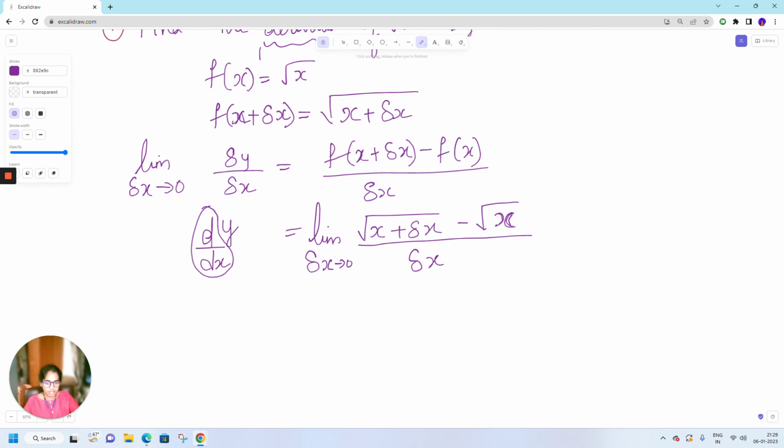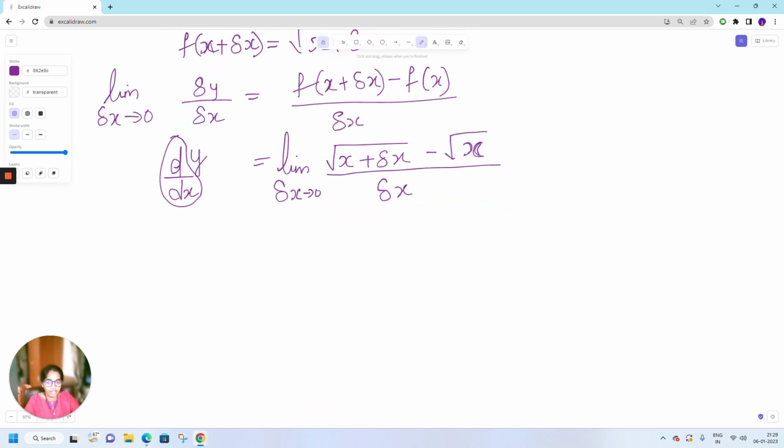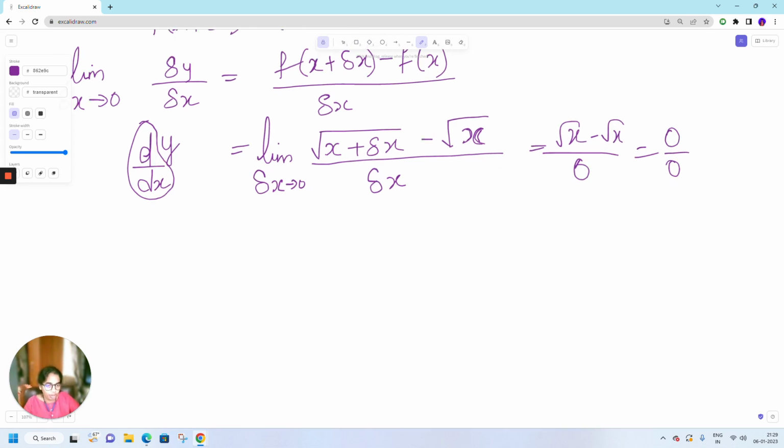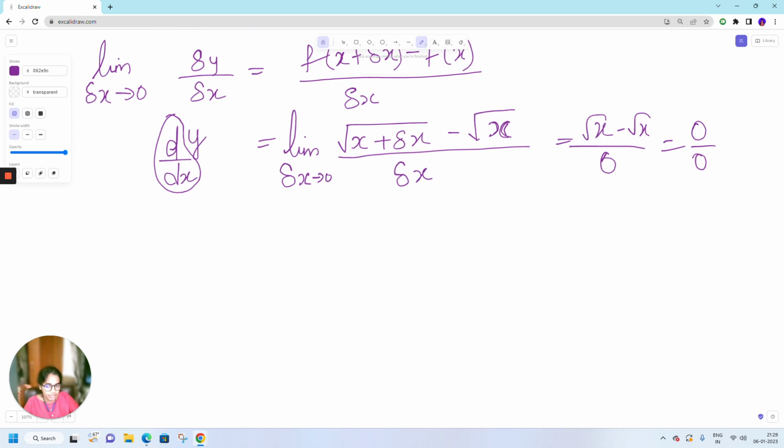So now, what do we have? If I apply the limit del x tending to 0, what would we get? We would get del x minus del x divided by 0. Even in the numerator I have 0, so that would be 0 by 0 form, which is called indeterminate form. We studied about this in limits.